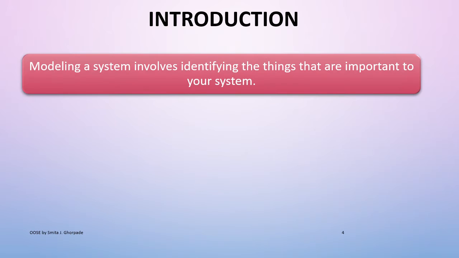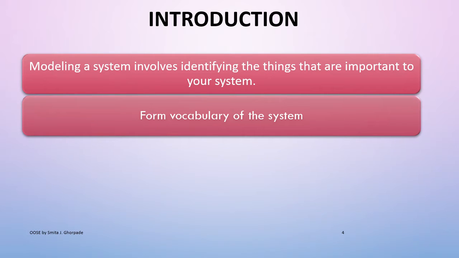Now, introduction to basic structural modeling. Modeling any software system involves identifying the different things required for that system and designing that system. These things form a vocabulary of the entire software system which you are going to model or design.